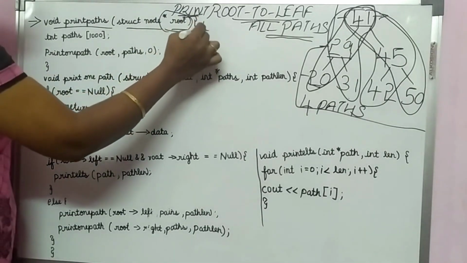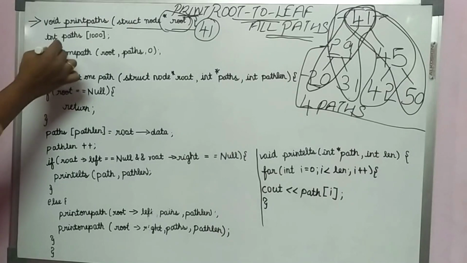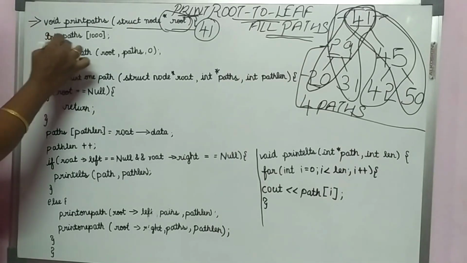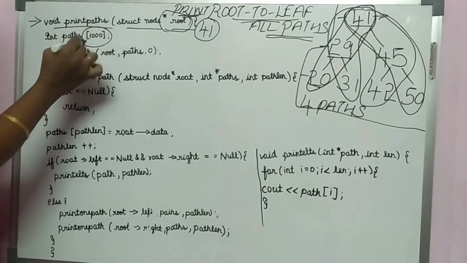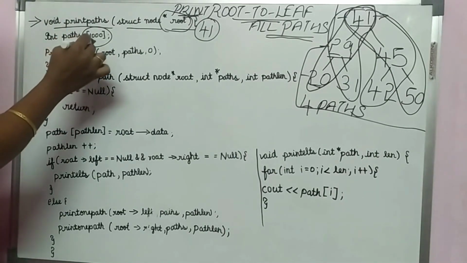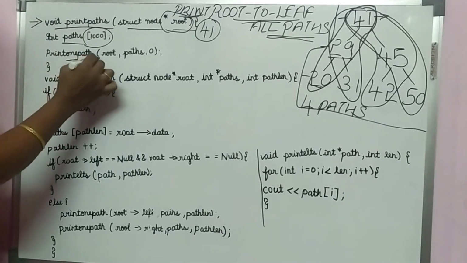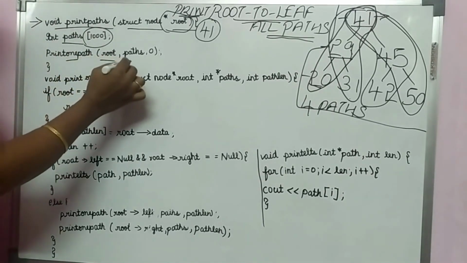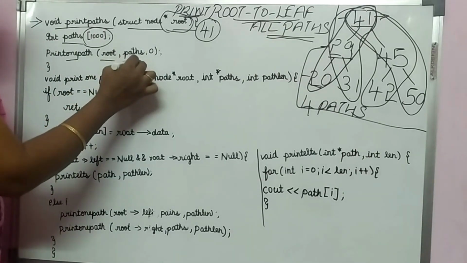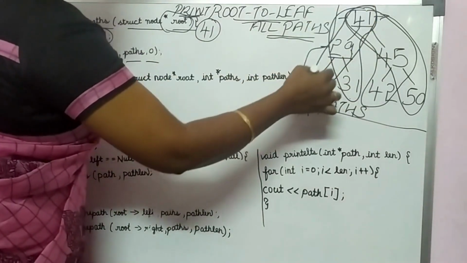Here the address of 41 will get passed to this function. We have taken an array called paths, and the maximum size is allotted for the array. When you call this function, print one path, initially we are passing the root node, and the path is nothing but the array, and initially the length of the path is found.